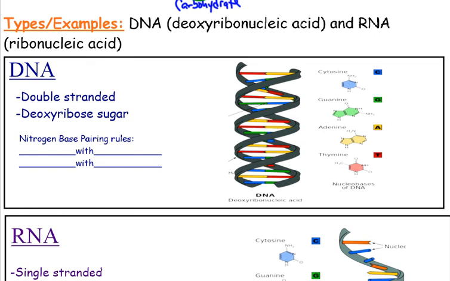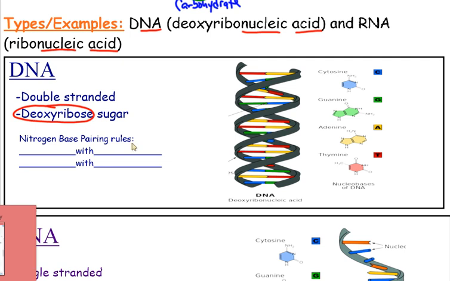So we have two major types. You have DNA. The NA stands for nucleic acid. And you have RNA. What they are named after is their sugar. Deoxyribose is the sugar that is in DNA, hence why it's D for DNA. When we look at DNA, we have two strands, and the bases are bonded to put those strands together.